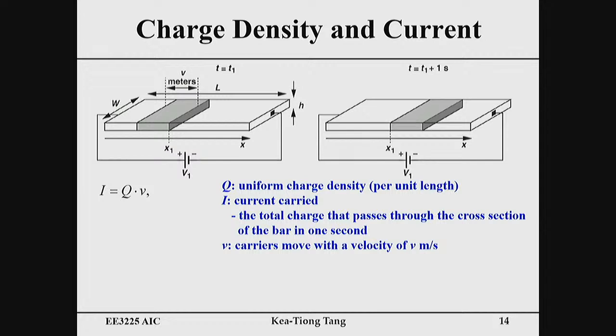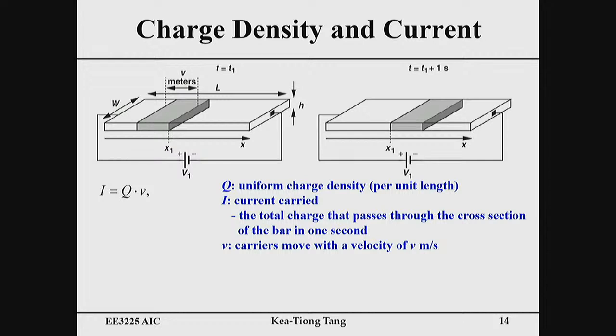We know the channel charge density is the charge per unit length. Therefore, in 1 second, the charge involved should be the channel charge density times the length, and the length is v. So the channel charge density times v is the total charge. So I is Q times v.